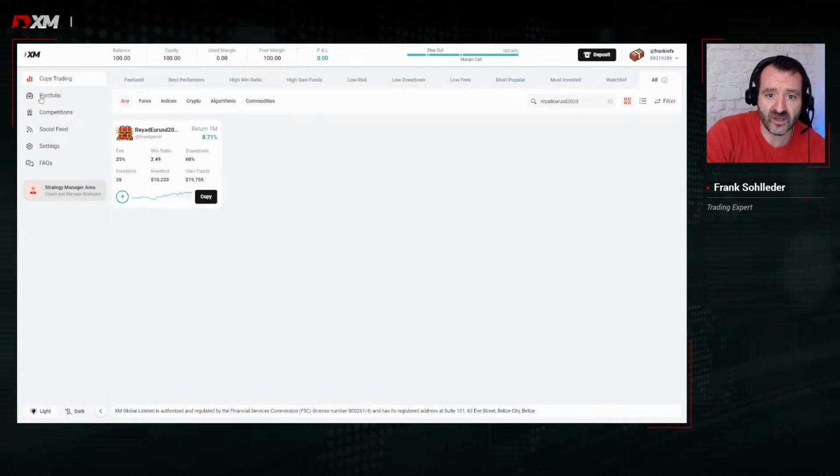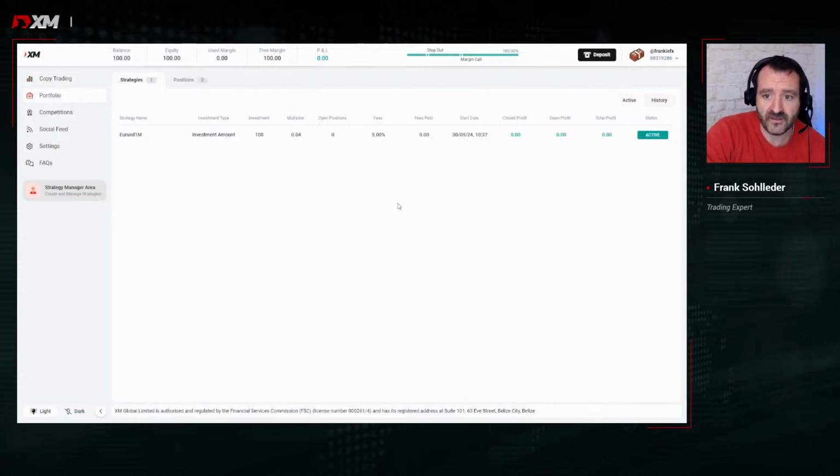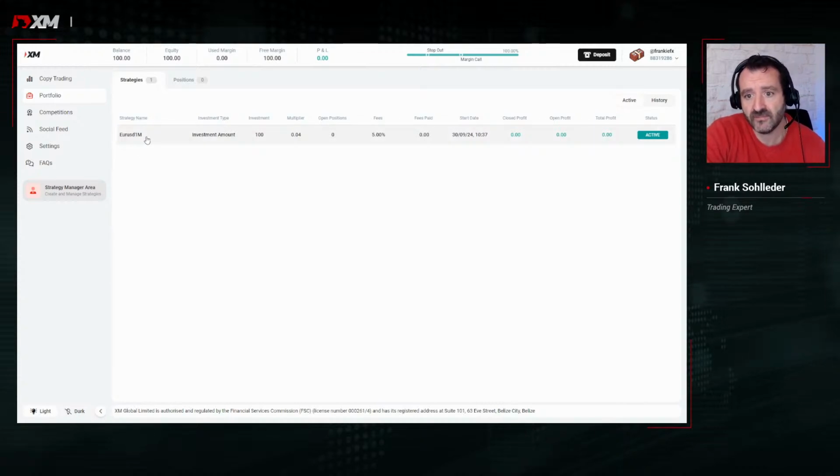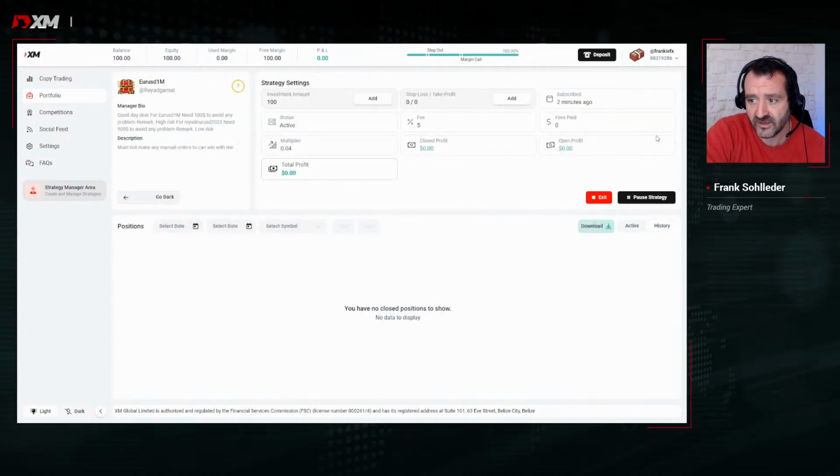So now when we're looking in our portfolio, you see that the strategy we are copying, we are copying it with a multiplier. We have no open positions. You see the fees, what you paid to the strategy provider, and you see the status active. You can pause the strategy, you can exit the strategy.